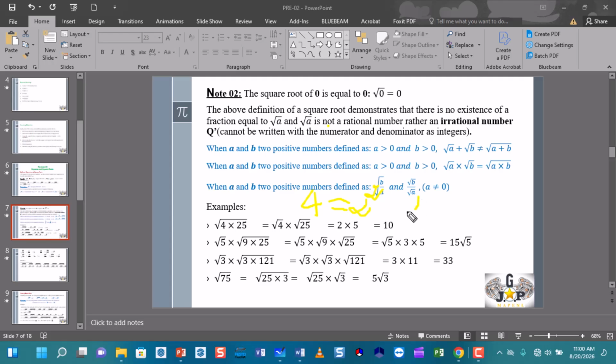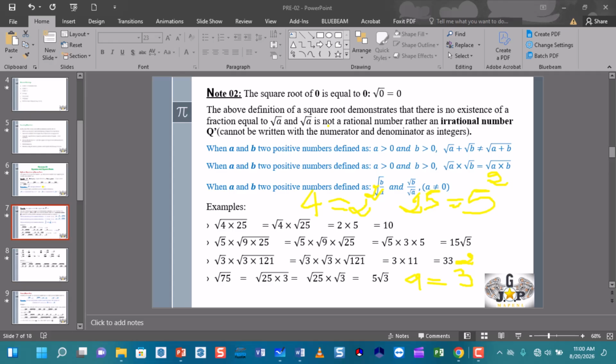The exponential expression of 25 gives us 5 exponent 2, sorry. Then the exponential expression of 9 gives us 3 exponent 2, or 3 to the power of 2.